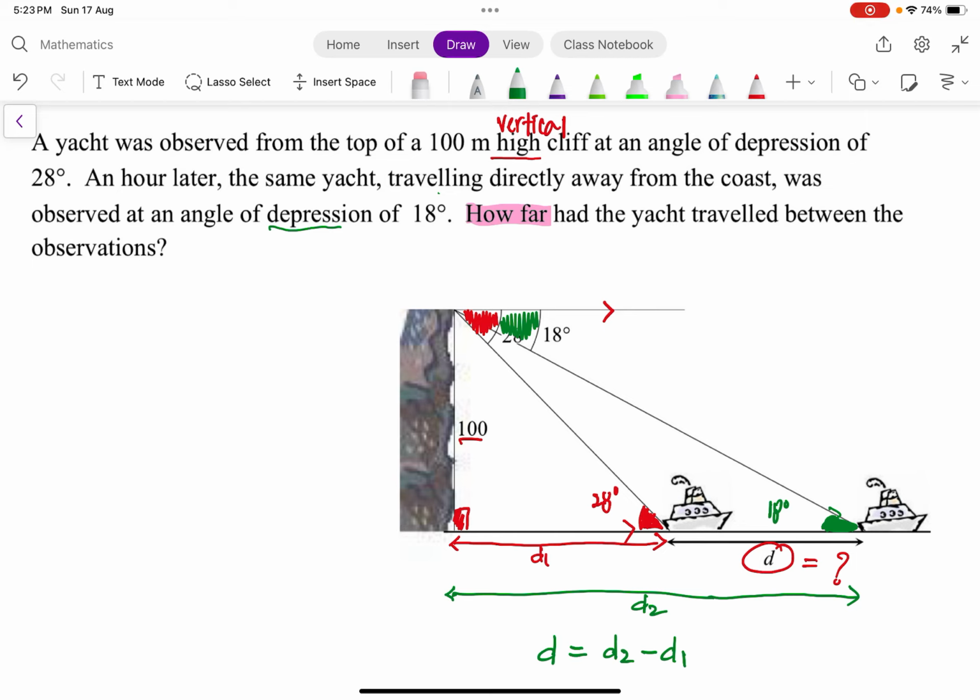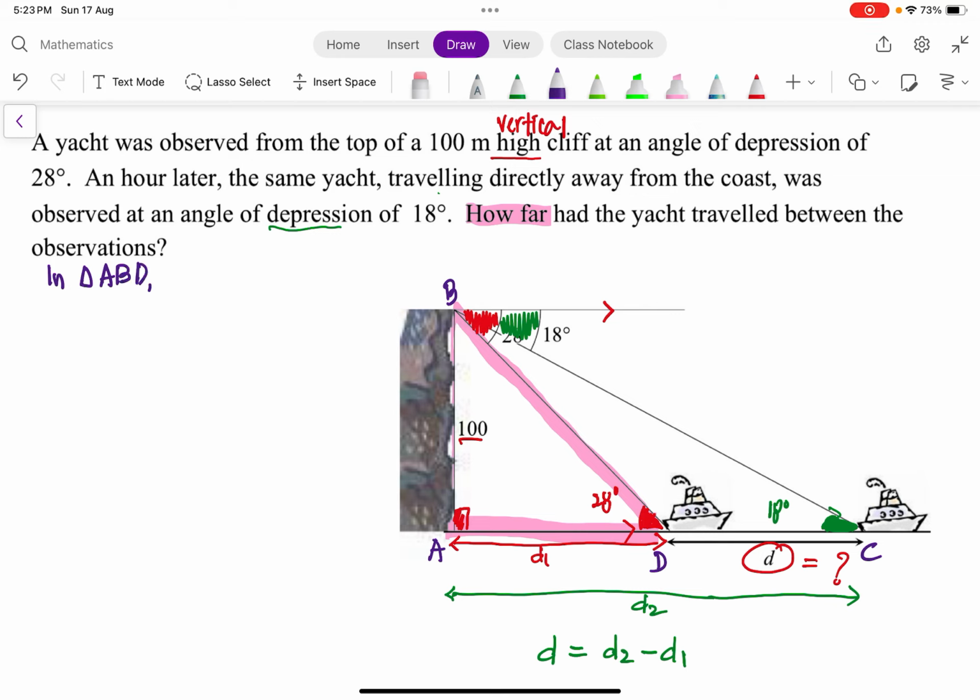Now, how can we proceed to find d2 and d1? I'm going to take reference from the first triangle, which is this first triangle over here with 28 degrees. Now, let me do some labeling of the diagram. So let me label this as A, B, C, and D. I am going to start off with triangle ABD.